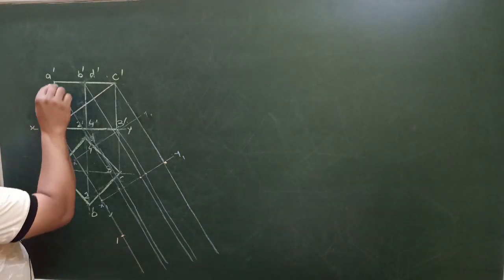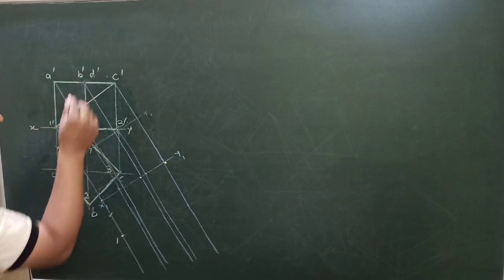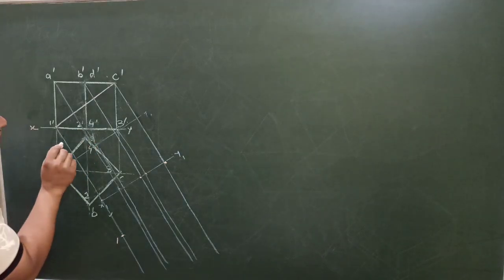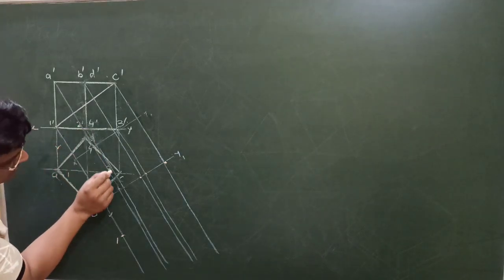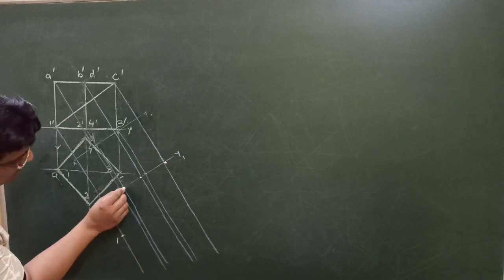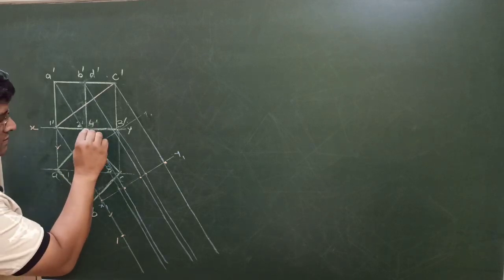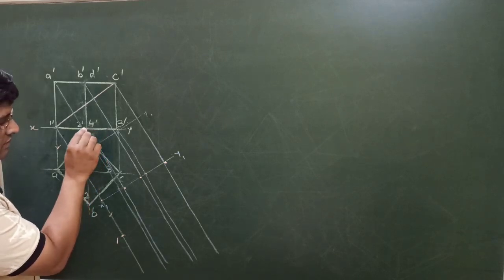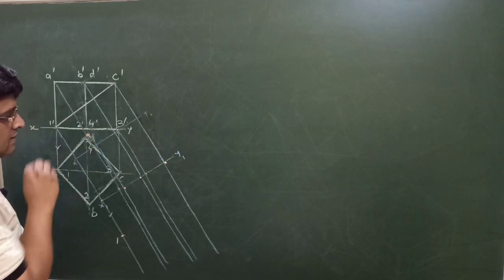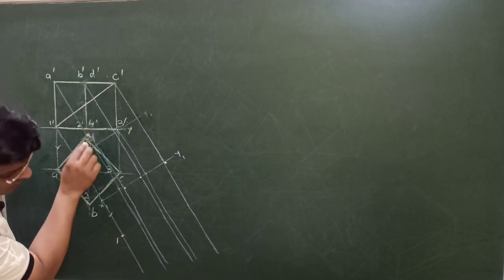Similarly, first we consider the lower face, then we will take the upper face. So now 2 dash 4 dash. This is the line for 2 dash 4 dash. We have to cut distances from here. So we will take distances from XY to this one. Say for example this is a cross, so XY to this distance is equal to 4.